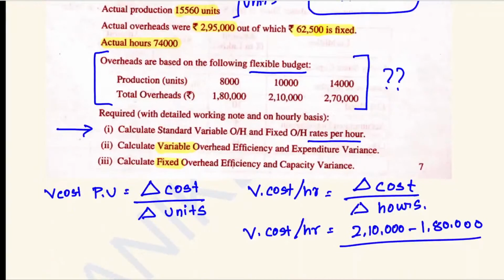Now if I take per unit, I will get variable cost per unit. But what I need is variable cost per hour, which means I need the standard rate. Variable cost standard rate I want. So to do that, I will have to take hours in the denominator. So I have to convert this 8,000 and 10,000 into hours. How many hours are they taking?